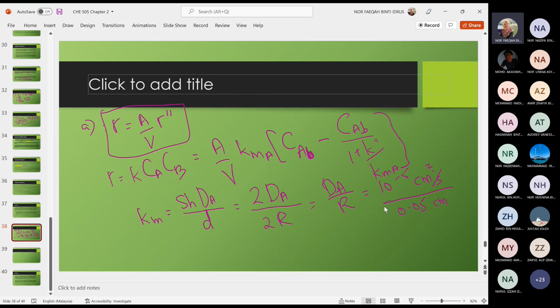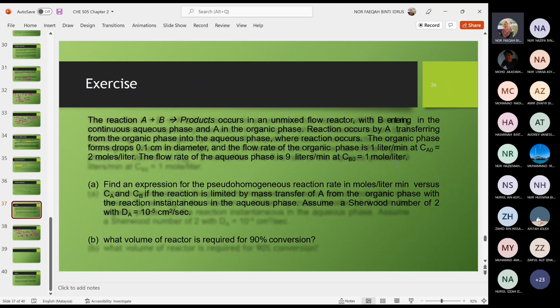But in order to calculate, apa value yang kita tak ada, K prime ni kita tak ada. K given in the question, tak ada. There is no K value given in the question.